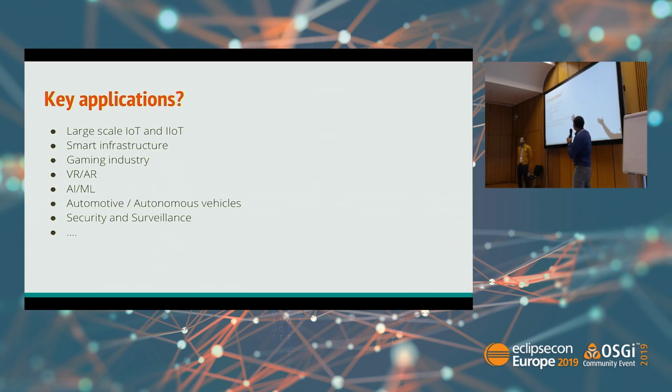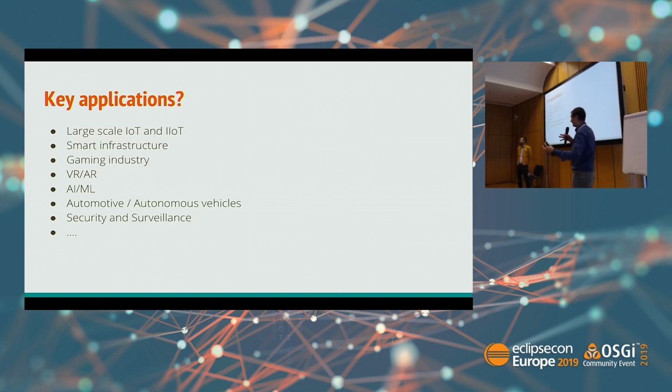The key applications that we are seeing popping up are large scale IoT, smart infrastructure, and the gaming industry, where telco services have incentives to put the game servers as close to the users as possible. Then there's everything that needs offloading of compute intensive tasks that can be done on devices but is too expensive in the cloud.